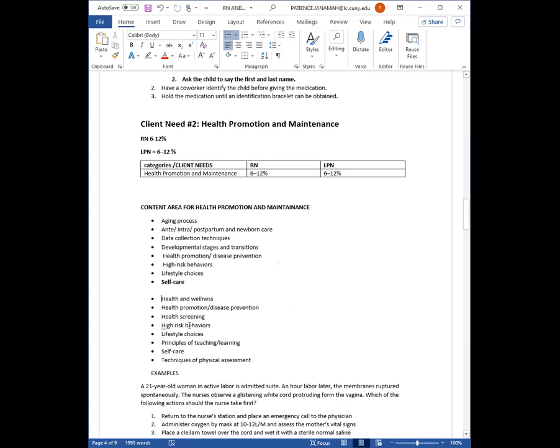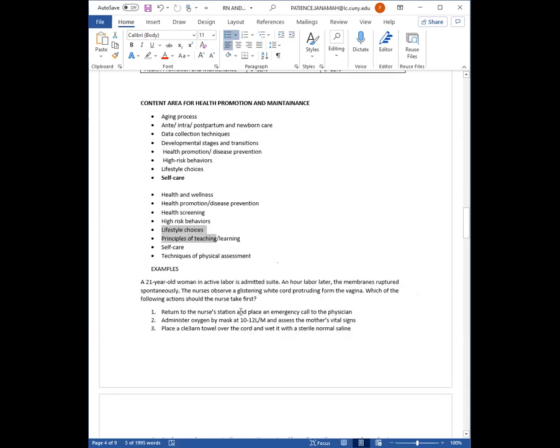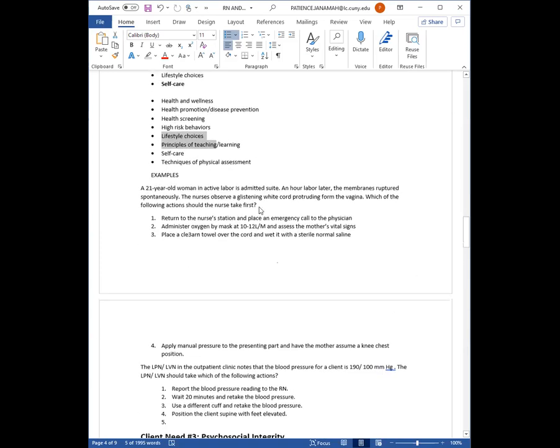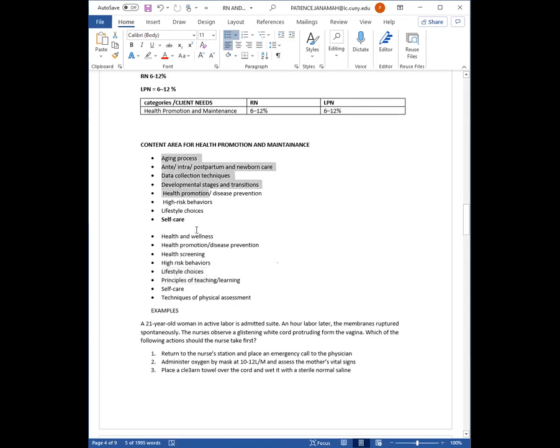Health screening, high-risk behaviors. If I remember, I spoke about this in the LGBT aspect of the vulnerable population. Lifestyle choices, principles of teaching or learning, self-care techniques. Now let's talk about an example under this category.